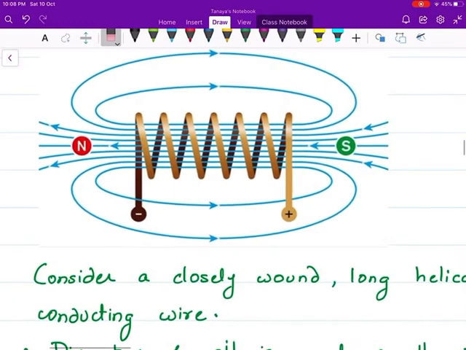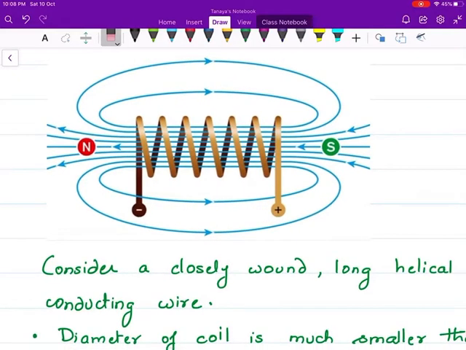So this is a typical solenoid that you would have seen earlier. What is a solenoid? Solenoid is nothing but a conducting wire which is wound in the form of coils. So this is a closely wound long helical conducting wire.